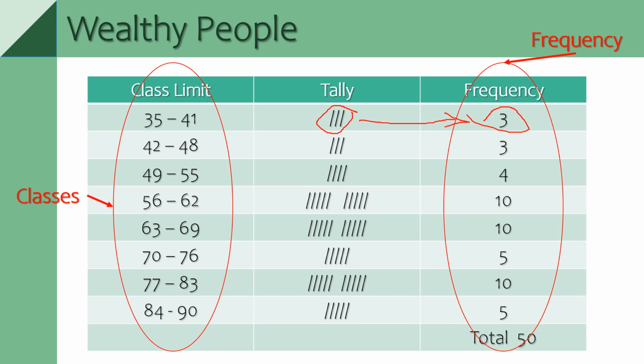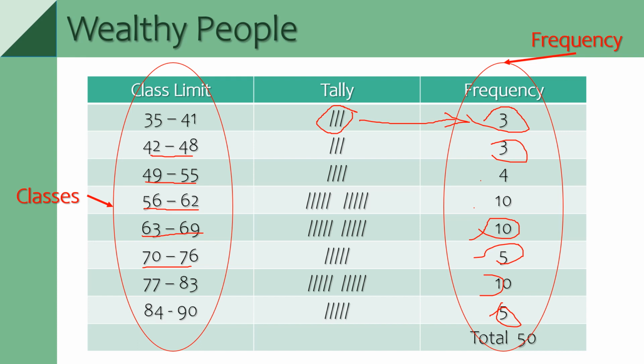Okay, so may tatlo din na ang ages ay from 42 to 48, may apat na ang ages ay 49 to 55, may 10 na ang ages ay 56 to 62, may 10 na ang ages ay 63 to 69, may 5 na ang ages ay between 70 to 76, 10 having the age of 77 to 83, and then 5 naman ang may ages na 84 to 90.